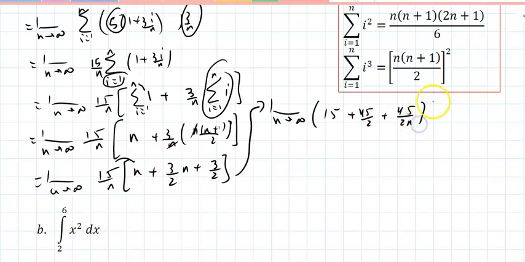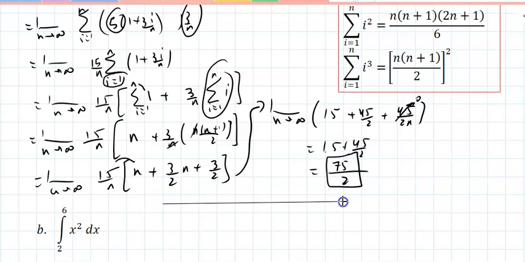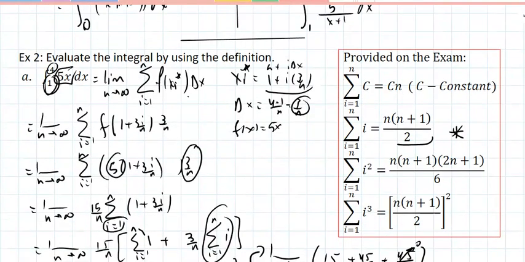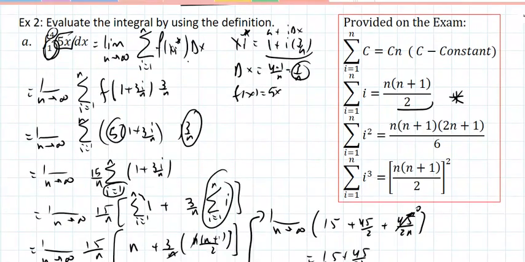And as n approaches infinity, this will approach 0, and I'm left with 15 plus 45 over 2, or 30 over 2 plus 45 over 2, that's 75 over 2. And that would be my area under that curve if I was to graph it between x equal 1 and x equal 4.